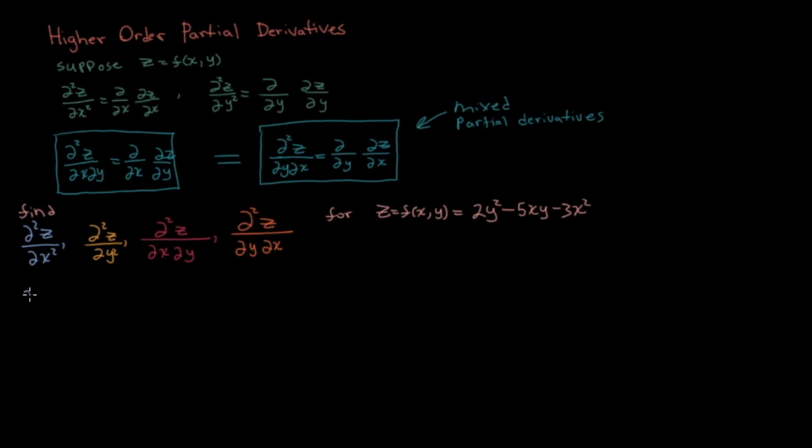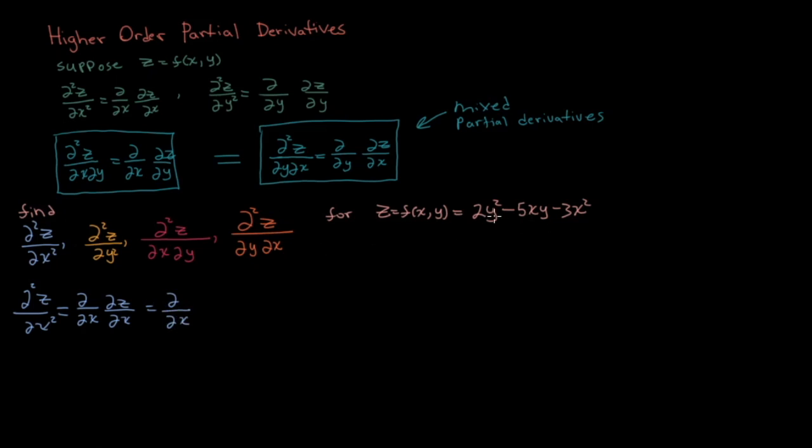So we're going to write del squared z by del x squared, which is the partial derivative with respect to x of del z by del x.